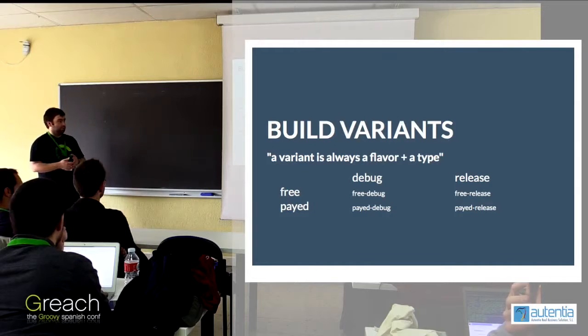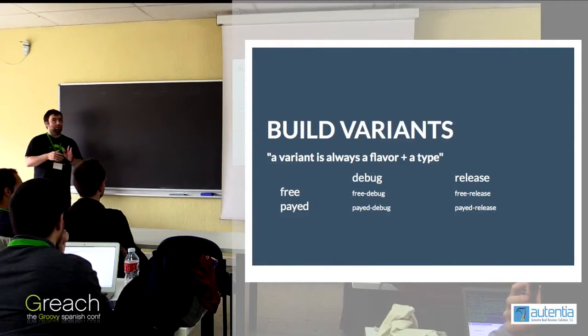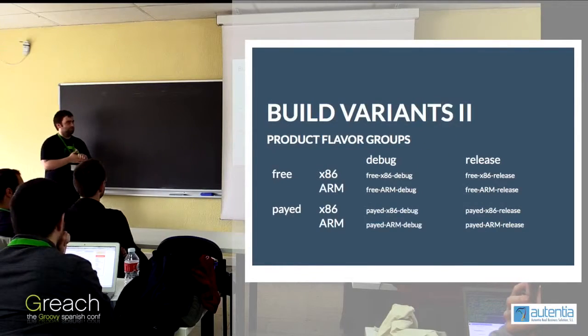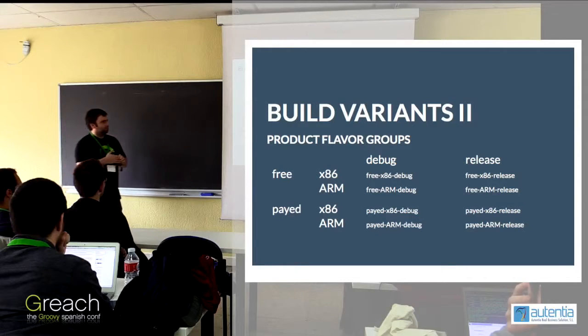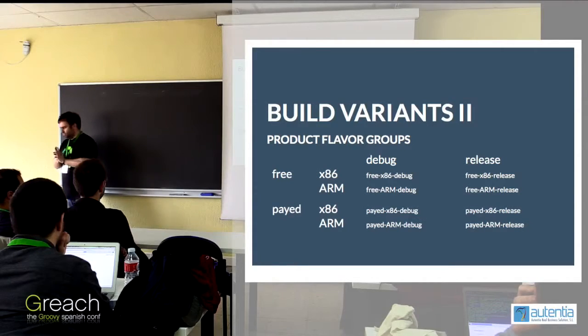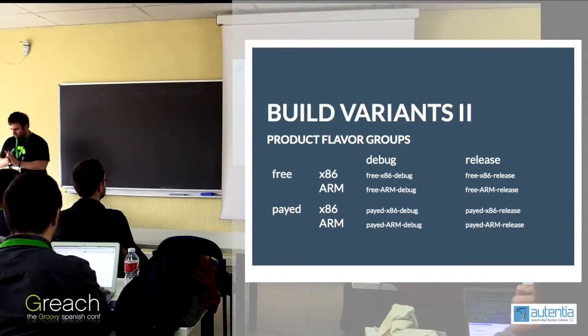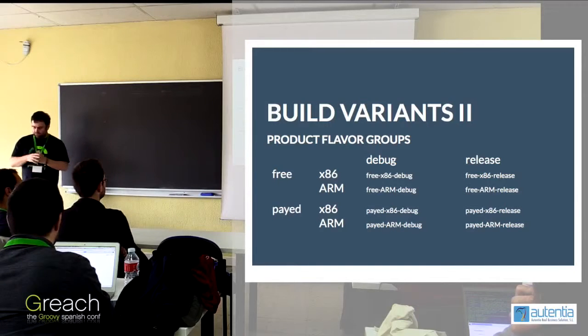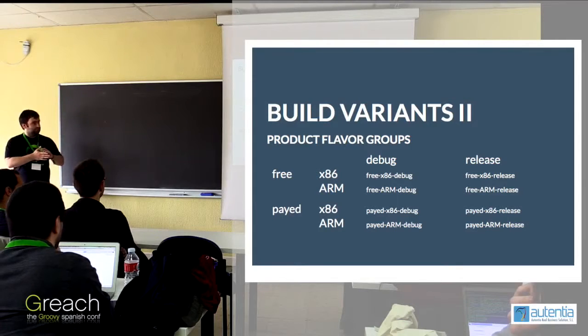You can even drive that further if you like. So it's not that you are locked in with 2 axes. You can have a third one, where we use product flavor groups. So you can have a new axis, like if you need to support different kinds of architectures, you can have a flavor group that's based on architecture.